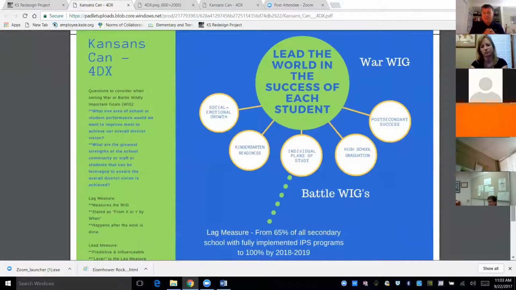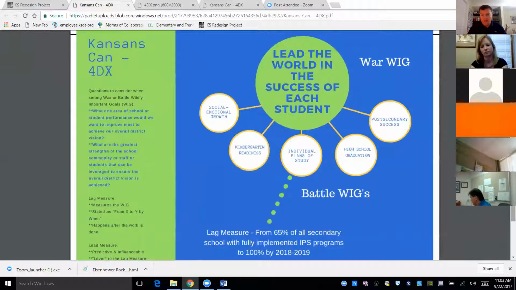I don't want anybody out there thinking only 65% of our secondary schools have fully implemented IPS. It's way higher than that.